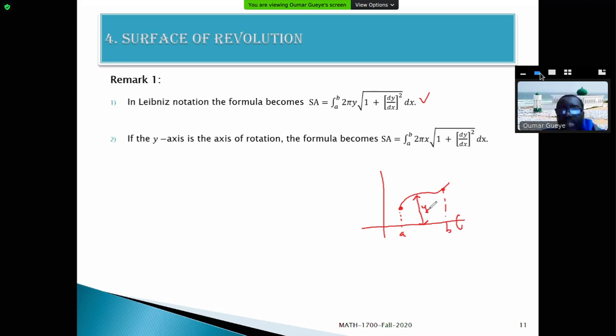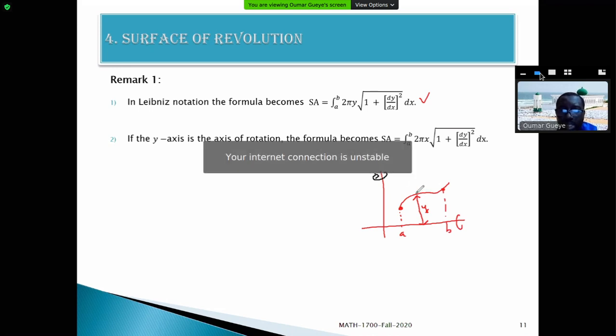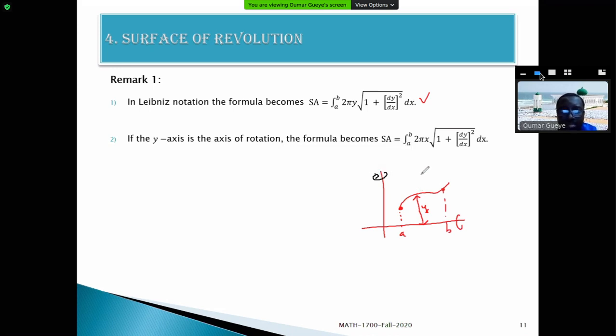If now this is my axis of rotation, the radius is the gap between the axis of rotation and the curve. Because it is changing, we call it x only, since it takes values from a up to b. In this case, you have to use this formula.